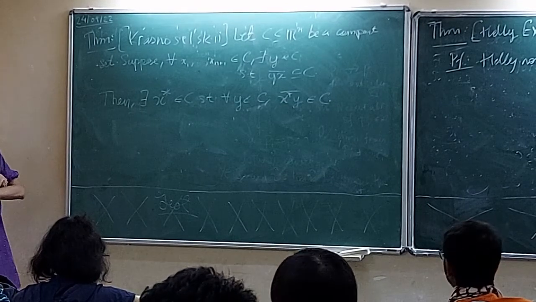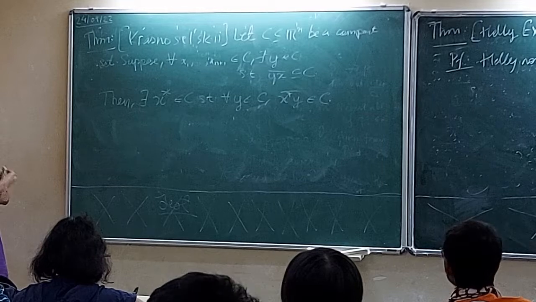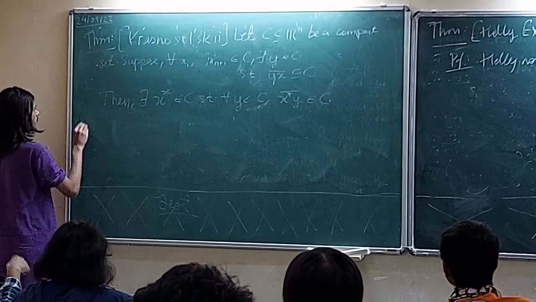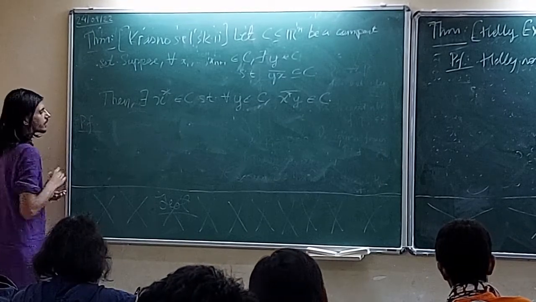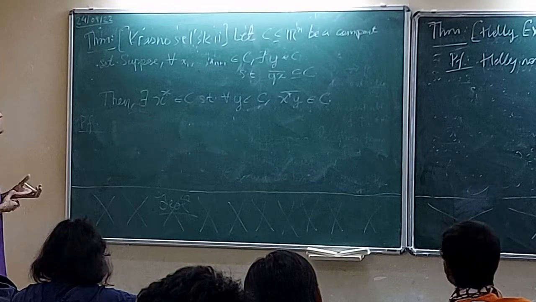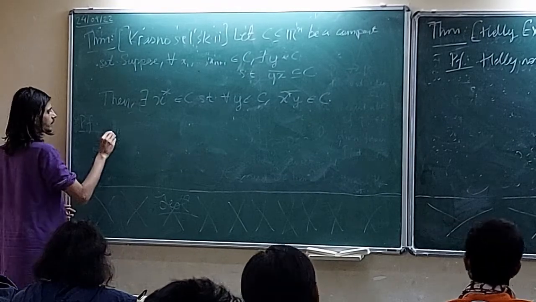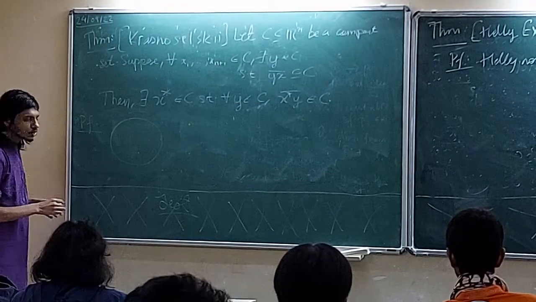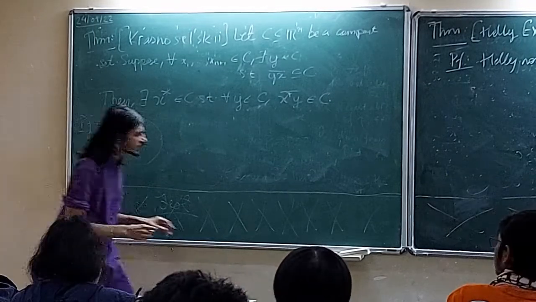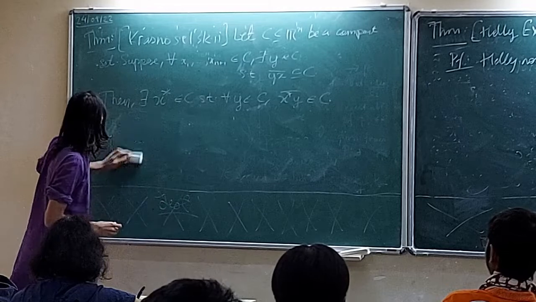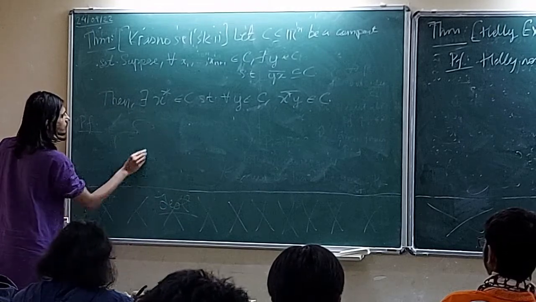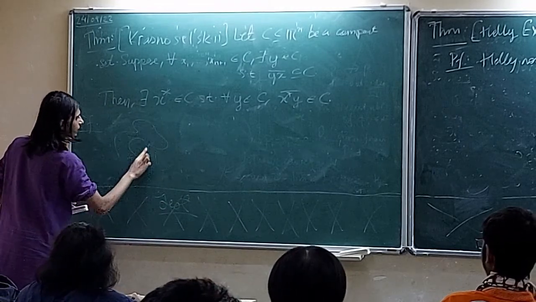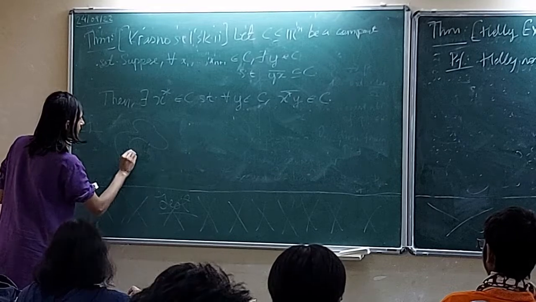And now, what's the proof of this? Well, there are some technicalities in the proof. So, not really technicalities, I would say. The first part is pretty obvious. So, what you do is, let's say this is your compact set. No, sorry, I'm drawing the compact set as if it's convex. That's wrong. It can be any compact set. Okay, let's just say it looks like this.